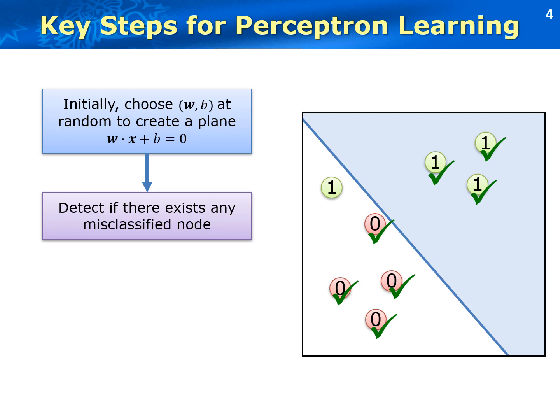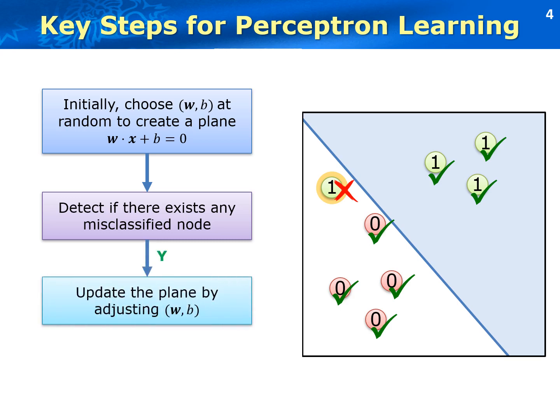There is only one green point outside the blue region, which is a misclassified point. For any misclassified point, we need to update the plane by adjusting the weights and threshold value W and B.